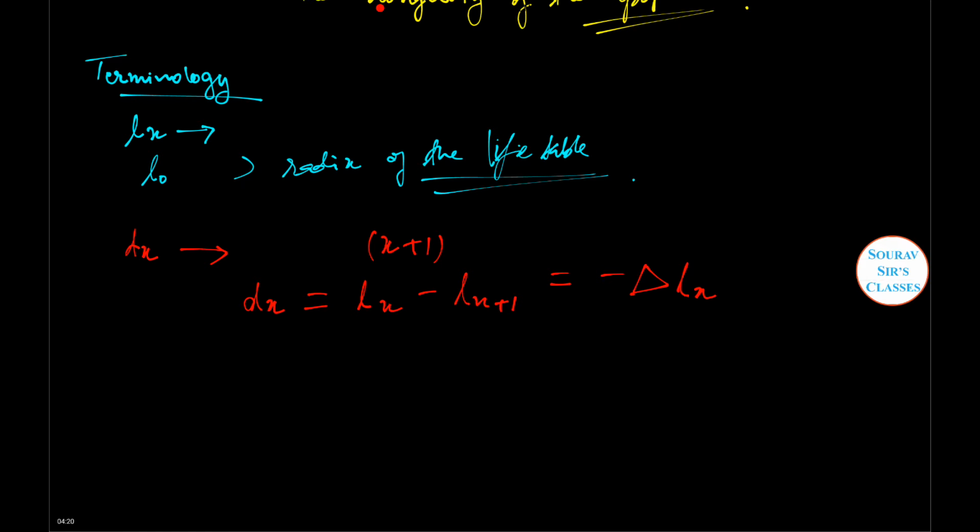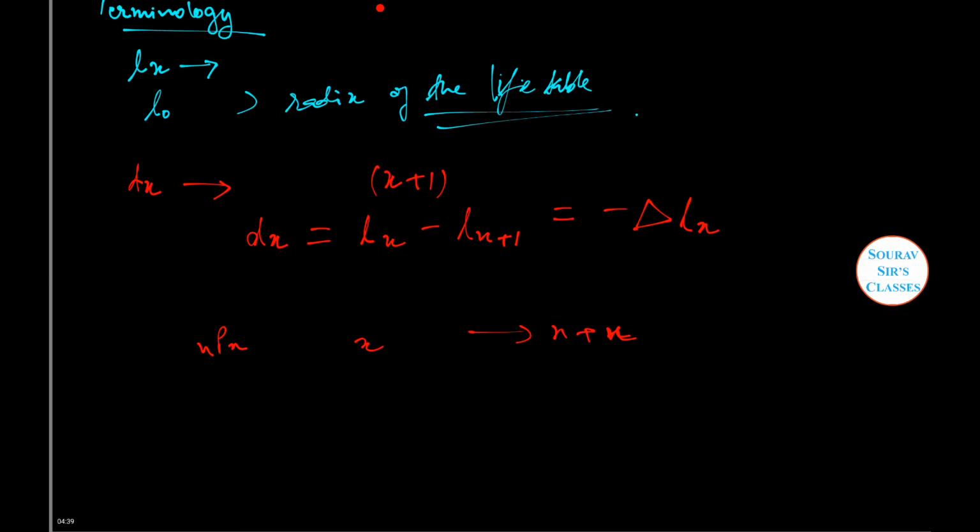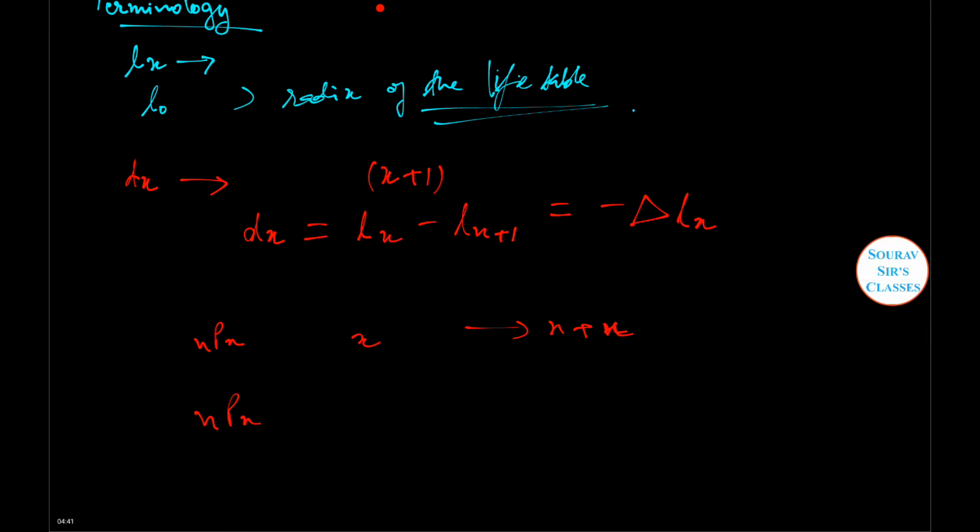Now, npx is the probability that a person of age x survives up till the age x plus n. Thus, if L of x plus n is the number of persons living at the age x plus n in any year, then npx is equal to L of x plus n divided by L of x, which further implies L of x plus n equals Lx into npx.